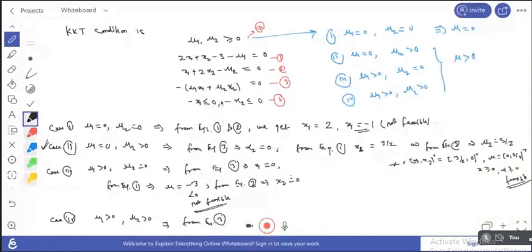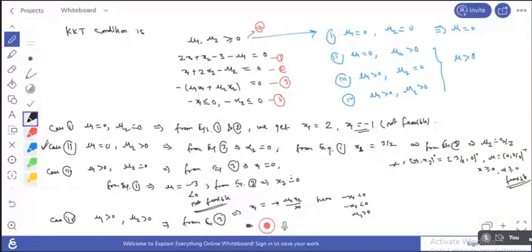So we find x1 is minus mu2 x2 over x1. Here minus x1 is less than 0 and minus x2 is less than 0, and so we get mu2 is greater than 0.